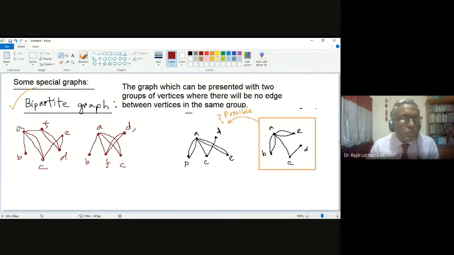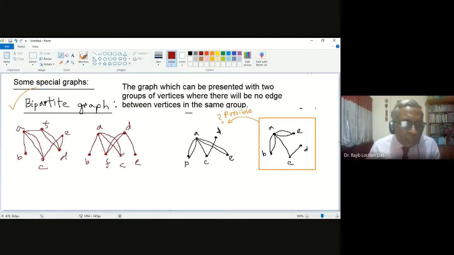Then again move on with D. D will have a connection with F, and at the same time it will have a connection with E also. So E is in the other side. DE one connection. Now think about D, no more connection. And what about C?